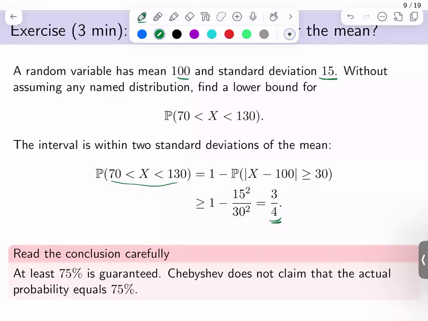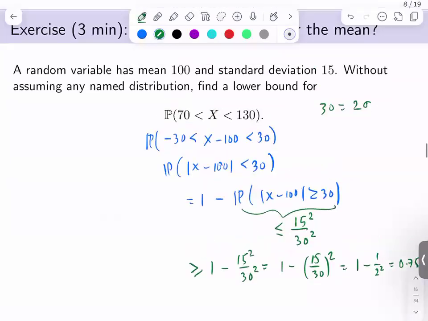You didn't need to do any integration or anything. We don't have any density to actually do it, but these constraints and the fact that x follows the probability law enforce this probability to be at least 3 over 4. It's really an interesting, amazing thing if you think about it. For a normal, for example, as I mentioned, it would be much higher.